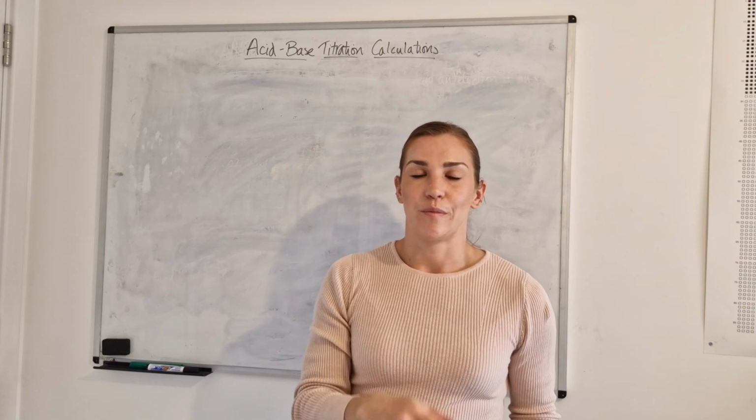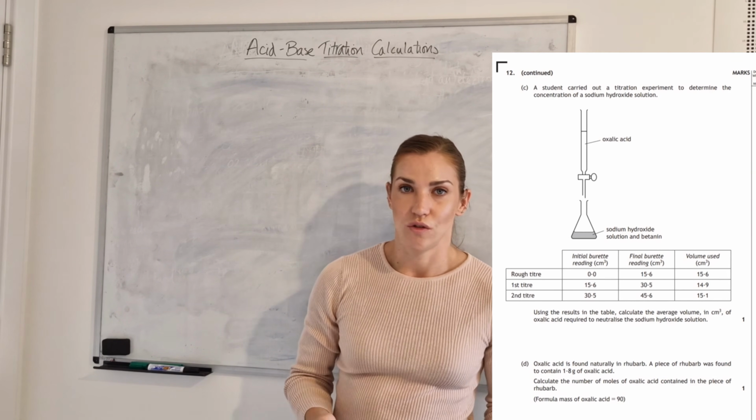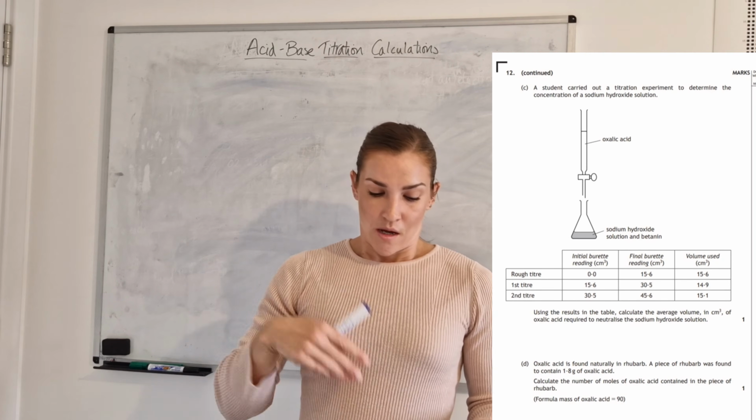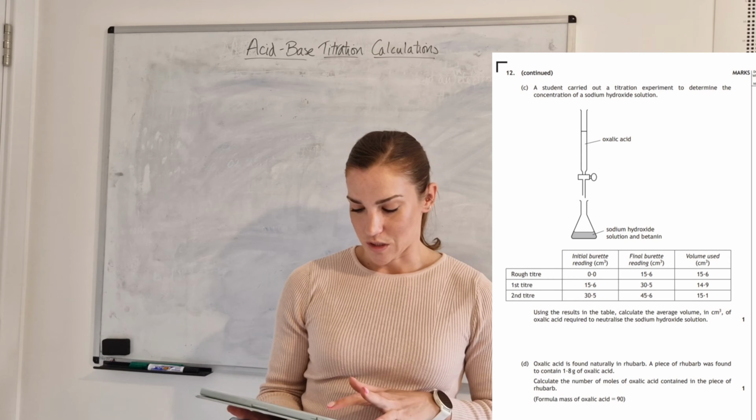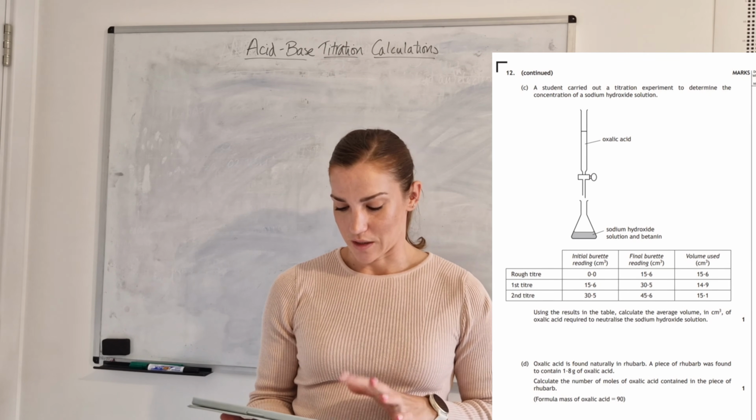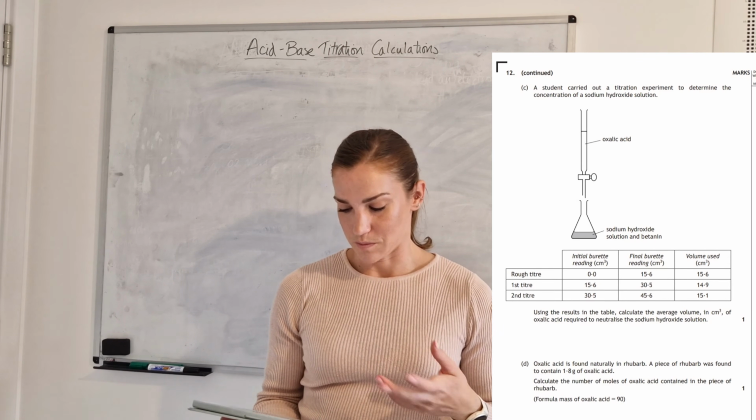Last one, and again I'll put the question on the video so you can see what it is. The first part of this looks like it's going to be a standard titration calculation because it asks us to calculate the average volume of oxalic acid that was required to neutralise the sodium hydroxide solution.